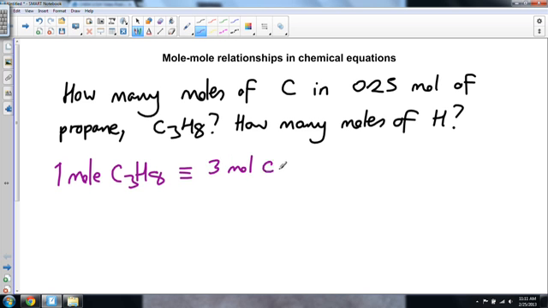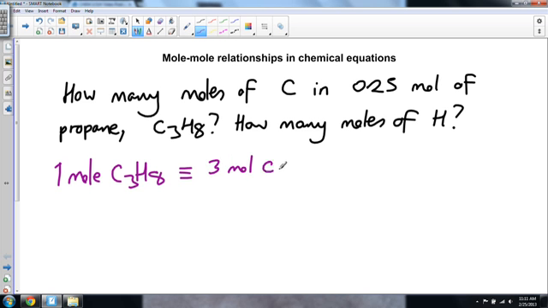Alright? So if a question says how many moles of carbon are present in 0.25 moles of propane, what we need is a conversion factor relating propane and carbon, which is what we actually have here. So if we have 0.25 moles of propane, we need a conversion factor here, and we need to end up with an answer of moles of carbon.